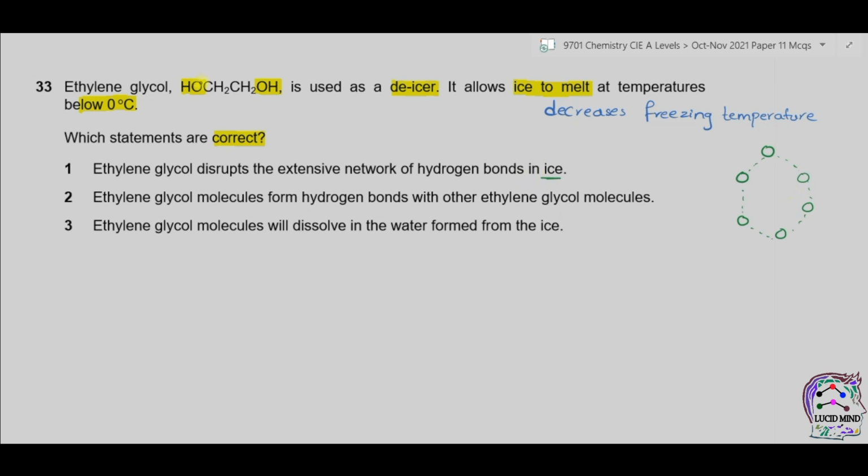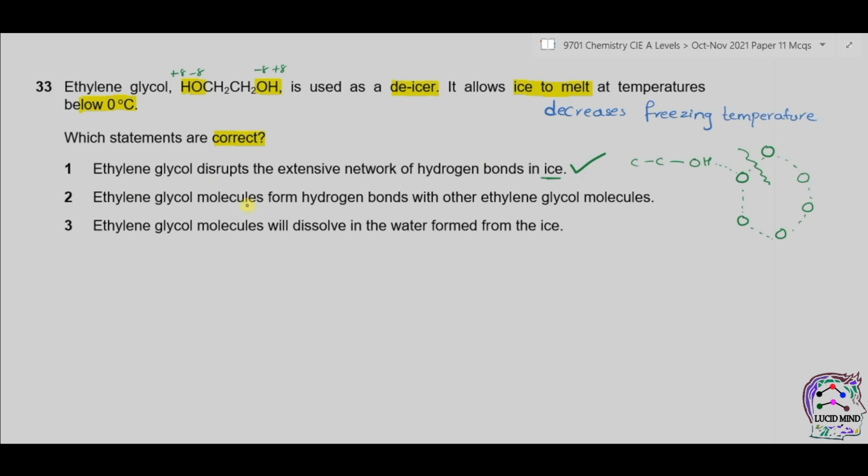Now ethylene glycol has OH bonds in which hydrogen is partial positive and oxygen is partial negative. So therefore ethylene glycol can disrupt the hydrogen bonds in ice and it can make hydrogen bonds with ethylene glycol. This is the reason that the freezing temperature is further decreased.